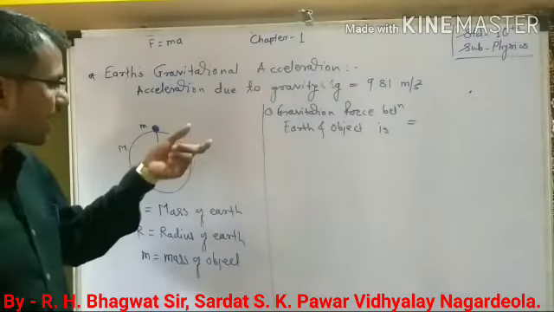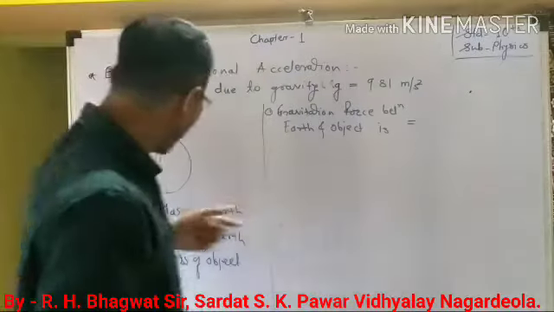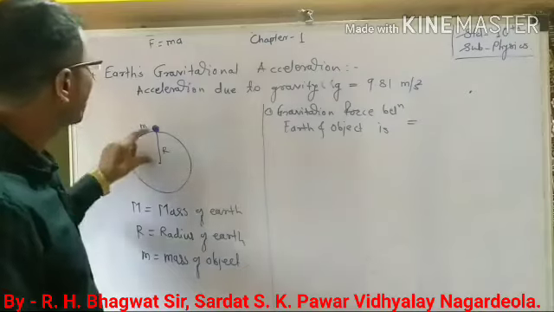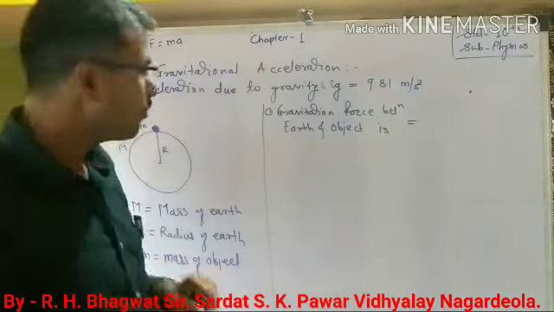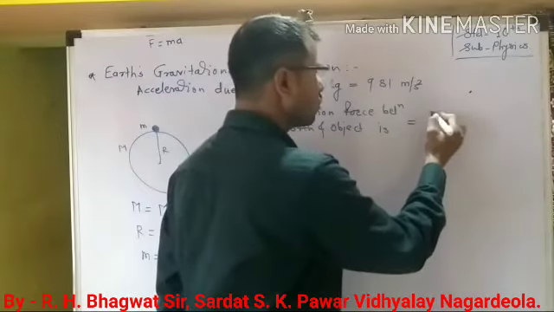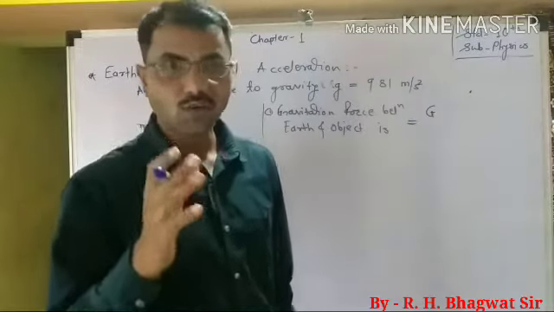We know that gravitational force is directly proportional to the product of the masses of the two objects and inversely proportional to the square of the distance between them. Therefore, the gravitational force between Earth and the object is equal to G into capital M, the mass of Earth, into small m, the mass of the object, divided by the square of the distance between them, where G is the universal gravitational constant.